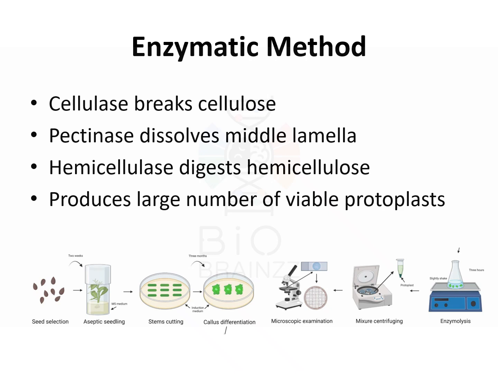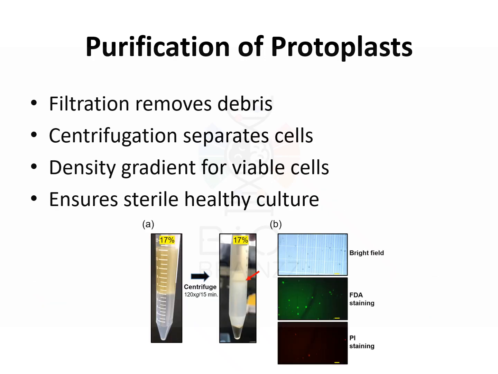Intact protoplasts are released into the surrounding medium. Because the process is gentle and controlled, most cells remain viable, making the method highly efficient. After enzymatic digestion, the solution contains intact protoplasts along with cell debris and broken cells.